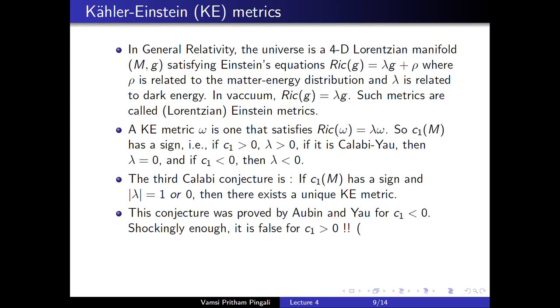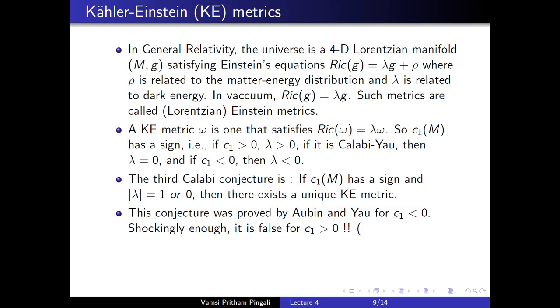This sort of phenomenon persists even in higher dimensions. The C1 greater than 0 case has very few, not very few, but far fewer examples than C1 negative. So for most of the cases, this conjecture is true. But it is false for C1 positive in general. Okay. There are obstructions, as in you can clearly quantify when it is true and when it is not by means of an obstruction that is related to algebraic geometry.